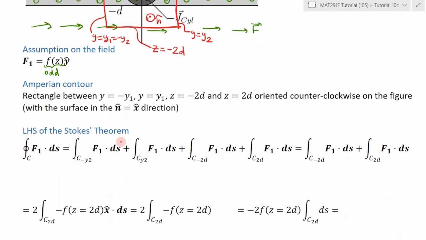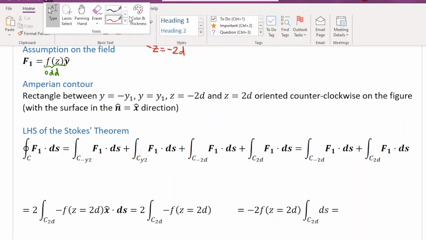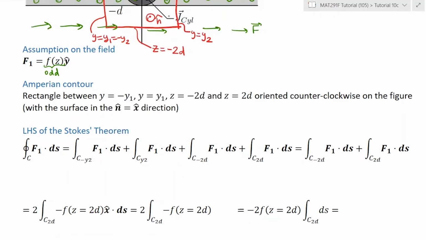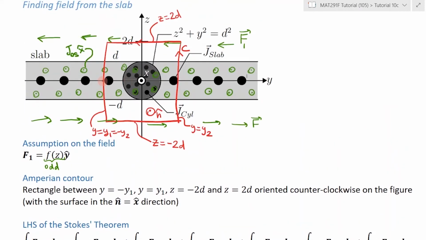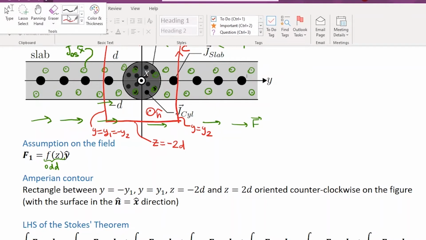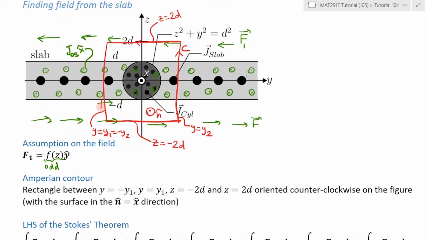Now, this contour and this contour will have the integral 0. The reason why is this. On this part of the contour, ds is oriented downwards, right? And the field is oriented in this direction. Let me show ds. ds is this way.